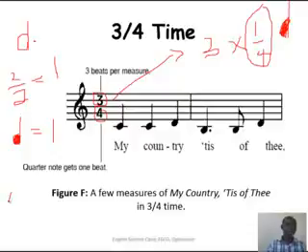But when you dot that quarter note, what is it going to become? You divide it by 2, find the half of it. If you divide it by 2, it's going to give you half.